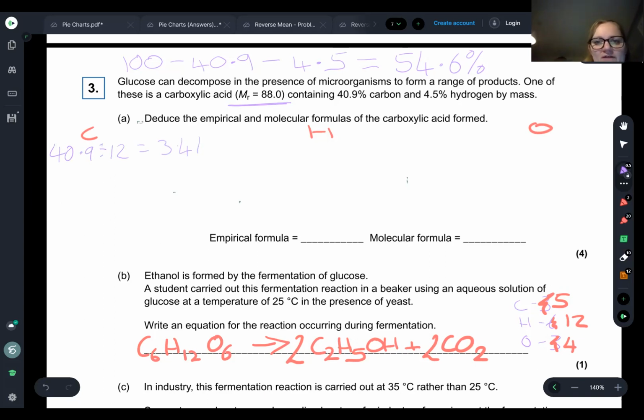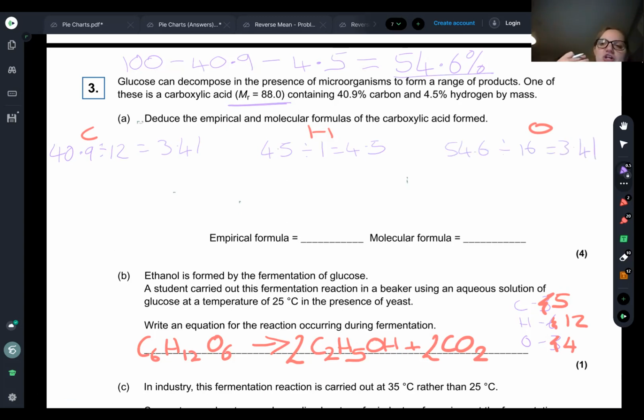Hydrogen, do exactly the same. That's 4.5 in its percentage mass. Obviously, 1 is its Ar, so that will give us still 4.5. The oxygen we just found is 54.6, so we're going to do 54.6 divided by 16, and that will give us 3.41.